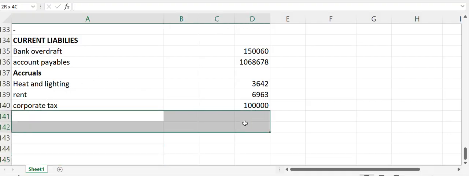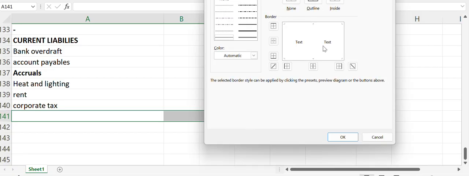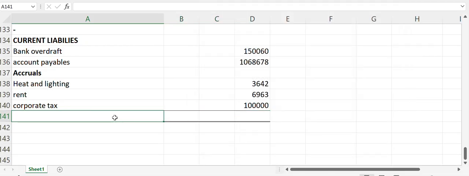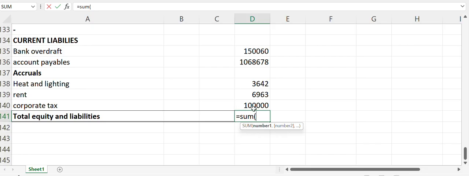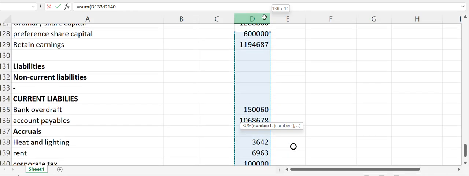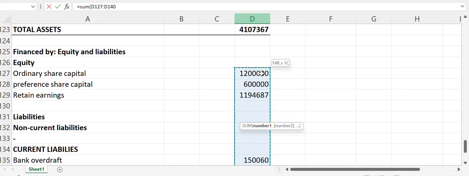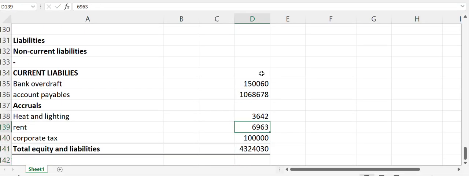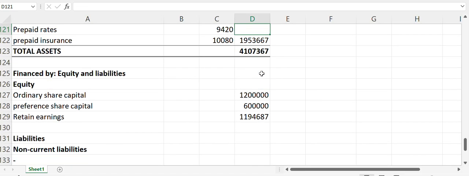So here we are supposed to get the total equity and liabilities by taking the sum of everything, that is 43,24,030.